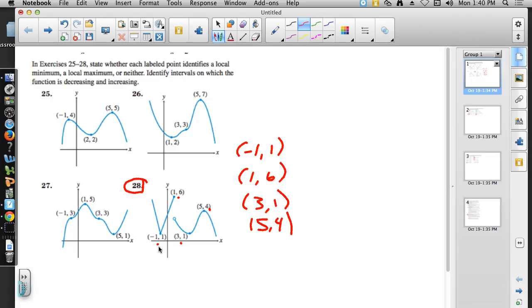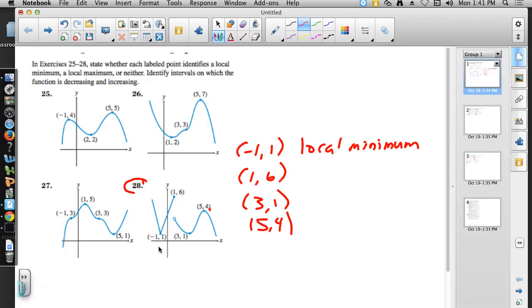So -1, 1, if I'm looking at this portion of the graph, that is definitely a local minimum. And then 1, 6, as you look at it, that's at the top.